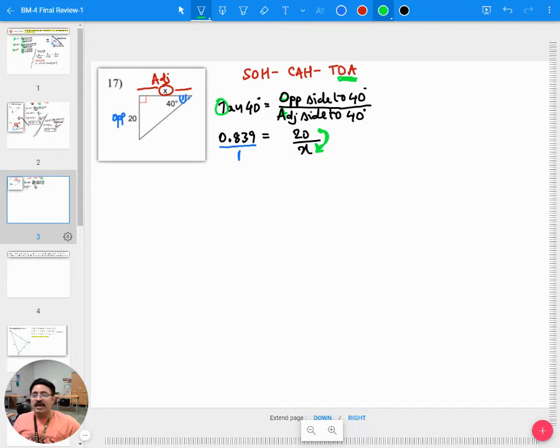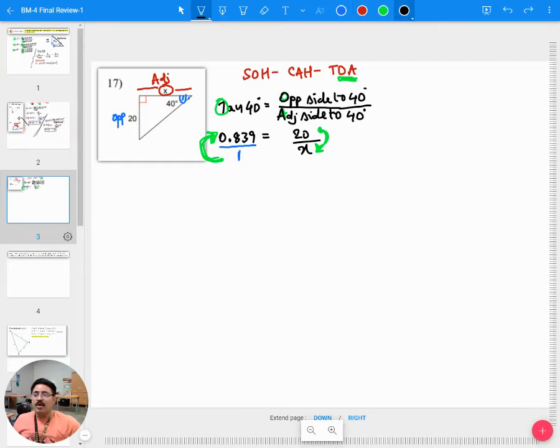That means 20 goes to the denominator and x goes to the numerator. Likewise, on the other side, 1 goes to the numerator and 0.839 goes to the denominator. Again, I am repeating, if the value to be computed is in the denominator, it is a little struggle, so to avoid that, you take the reciprocals.